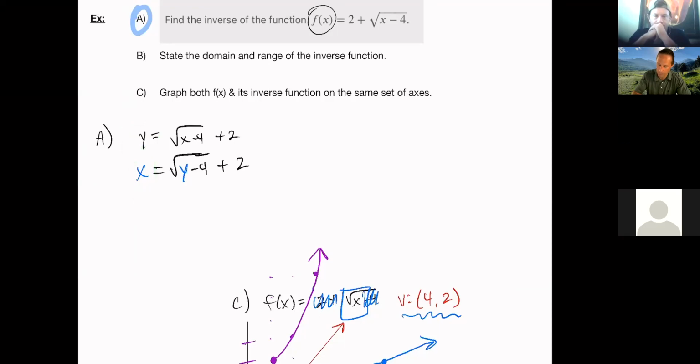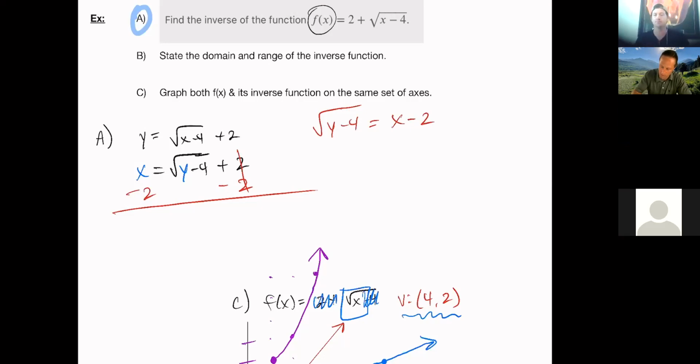So undoing everything that's been done to it, starting by subtracting 2. Now I got the square root of y minus 4 equals x minus 2. Now I'll take that and I will square both sides to get that out of there. I'm going to leave this. I'm not going to expand it. I'm just going to leave it.